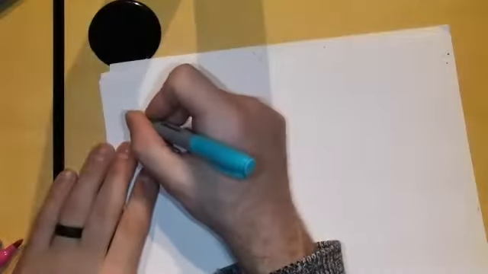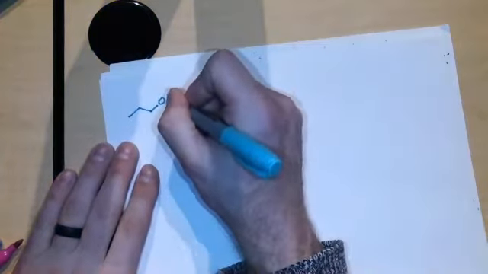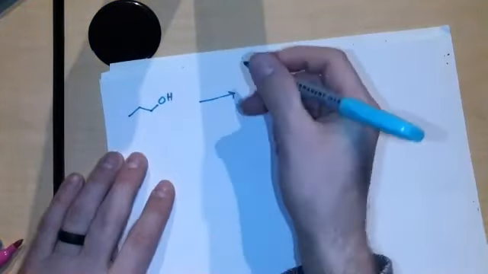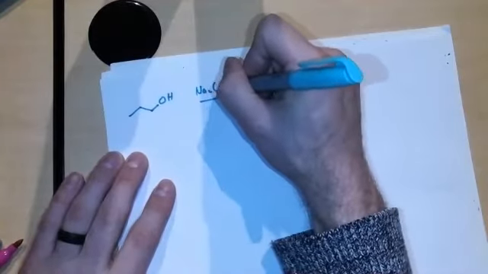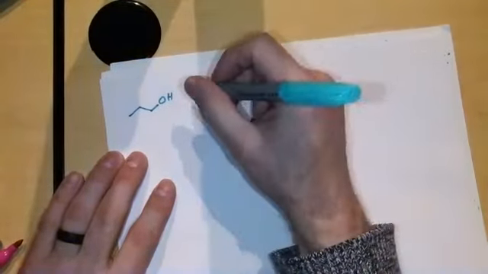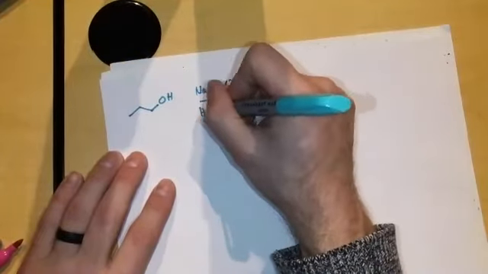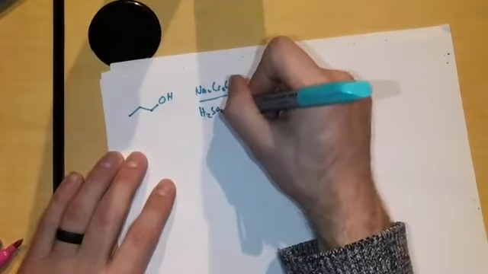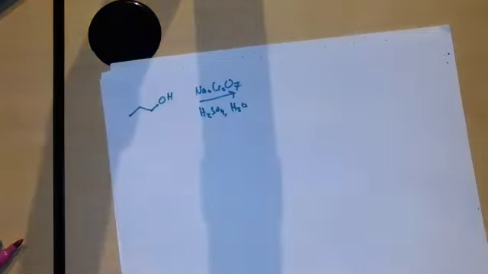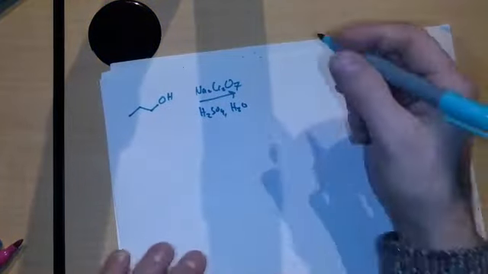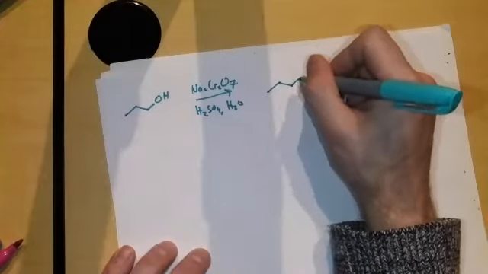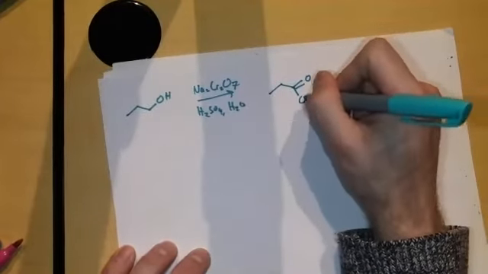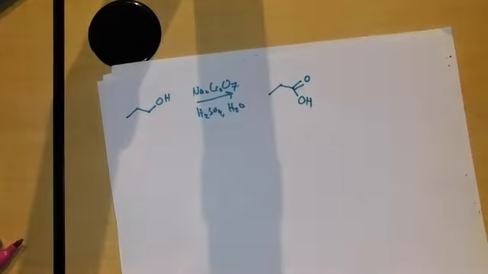One of them would be to take an alcohol, throw in Na2Cr2O7 in H2SO4 and water. This is going to oxidize our alcohol, because it's primary, to a carboxylic acid.